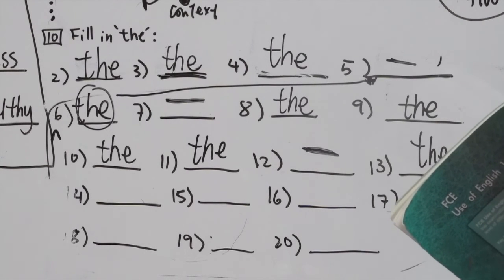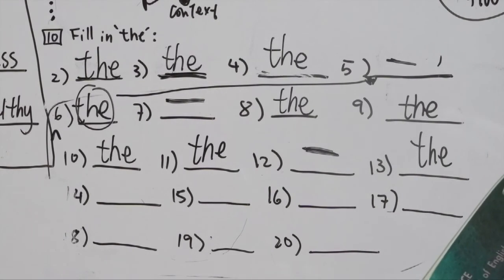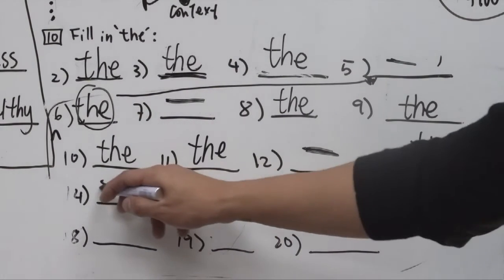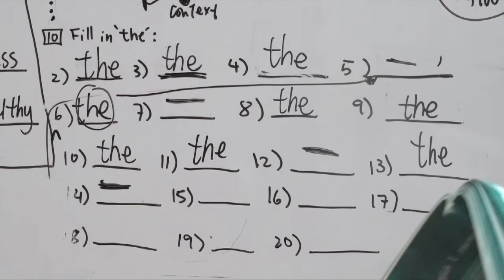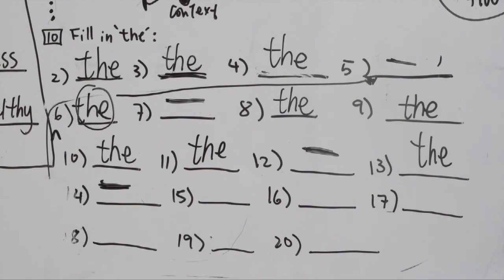What about number 14? To practice the swimming or just swimming, and even to speak the French or French. What do you think? Quite simple for the first part, right? So swimming, right? Activity or sport, nothing. Swimming. What about French?